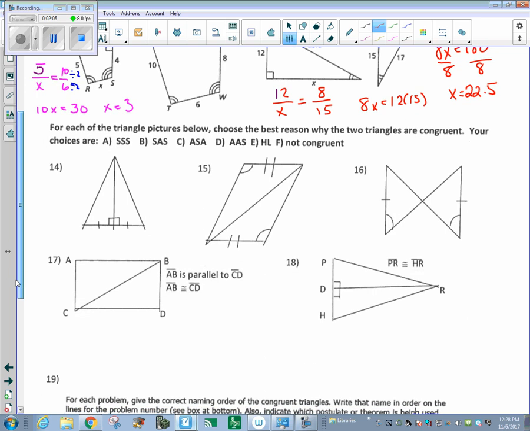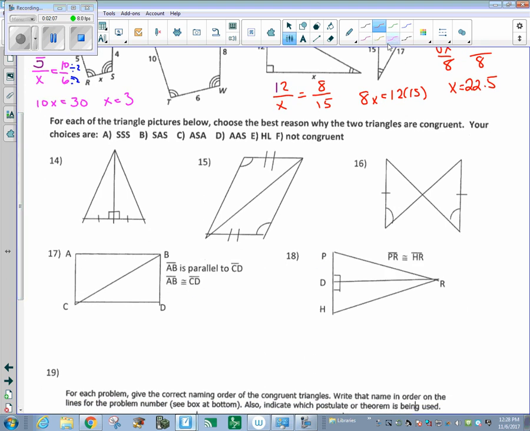So then down here, this is like that big long worksheet that we had. I'm just going to compare and tell whether they're congruent or not. Looking for reflexive, looking for things that are given to me. I can see that this side is reflexive, so you'll notice that I've got a side, an angle, and a side. So this guy is SAS.